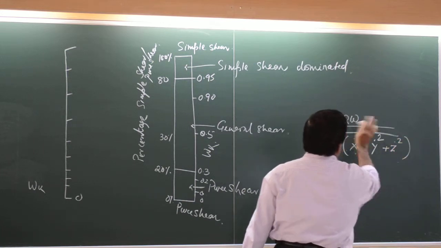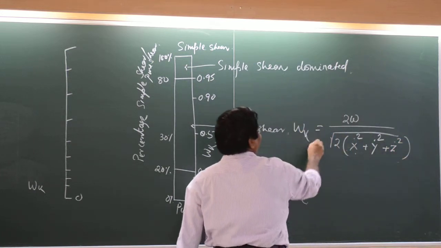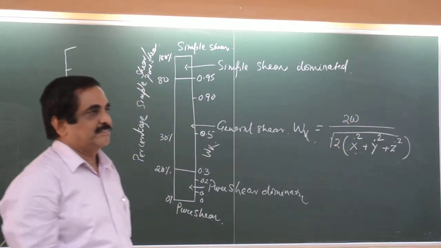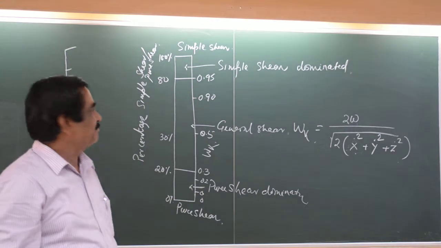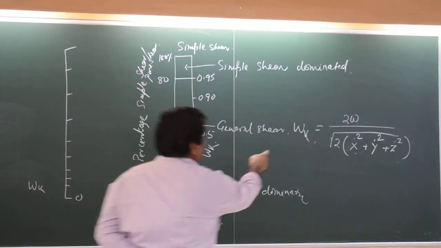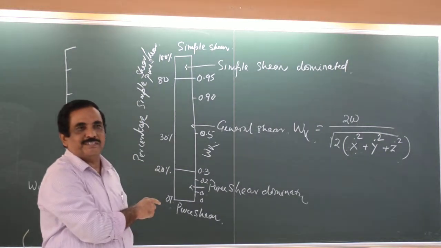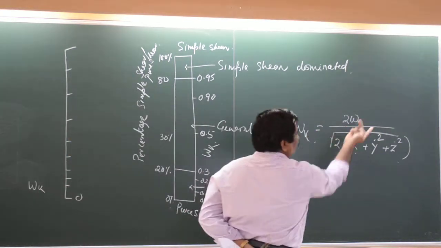Very good. This is in radian. So this number is 0 for pure shear. Why is it 0 for pure shear? Because there is no rotation.